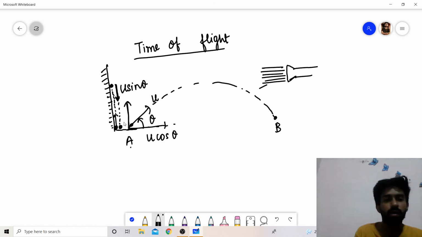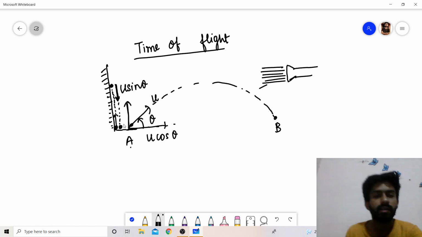So the time taken by this ball's shadow to go upward and then come back to its initial position is also the time of flight.